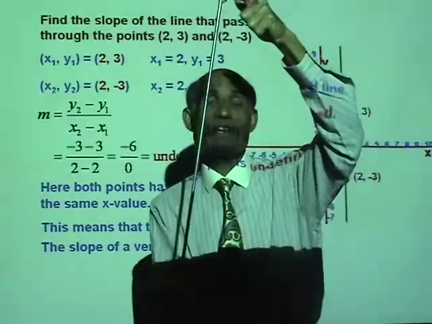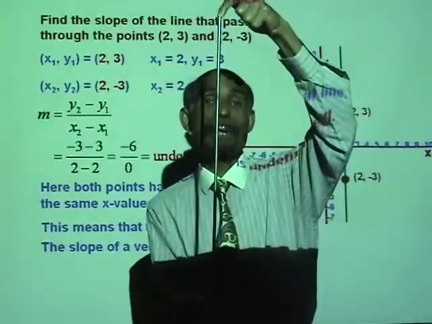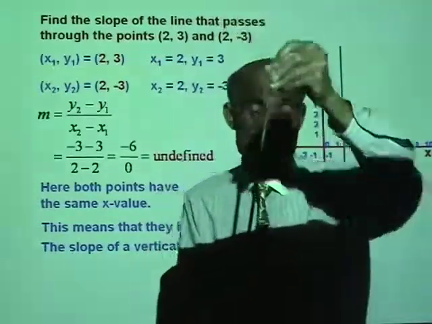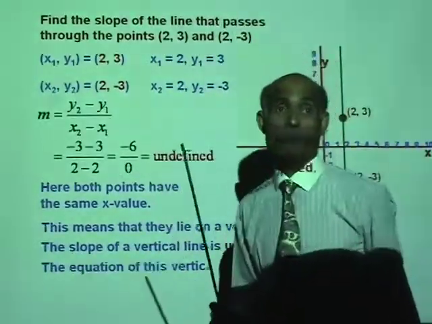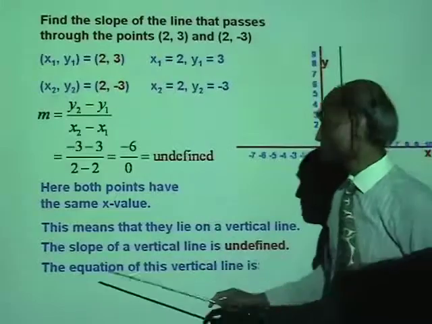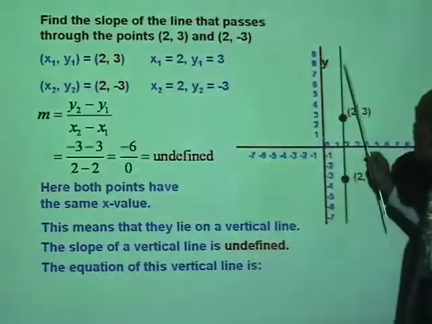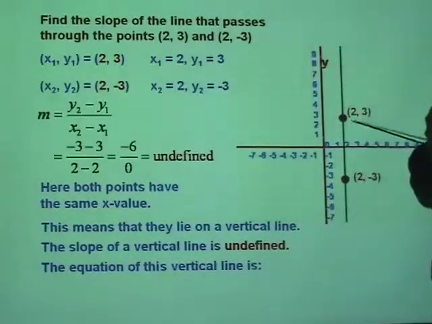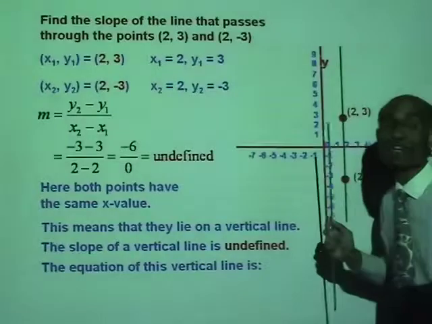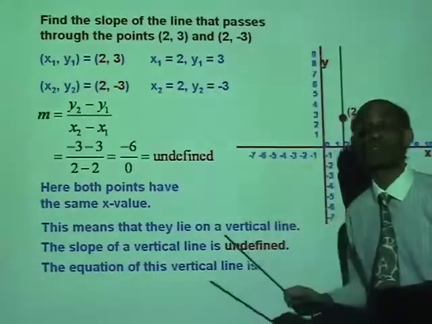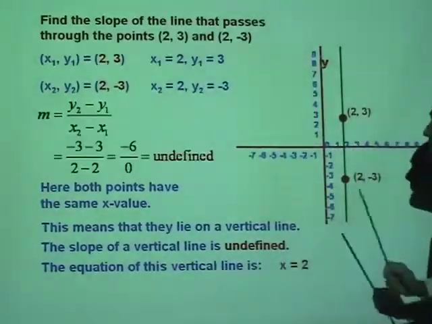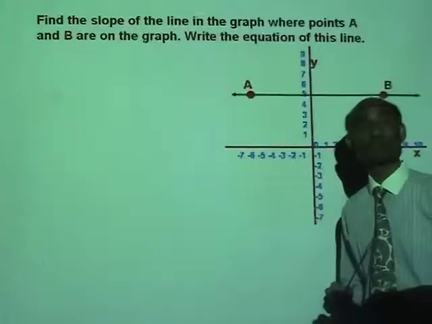And finally, when the line is a vertical line, the slope is undefined. All right. So, what is the equation of this vertical line? Look at this. Everywhere x equal to 2. You can take many more points on this line. The x value will be 2. So the equation of that line is x equal to 2.